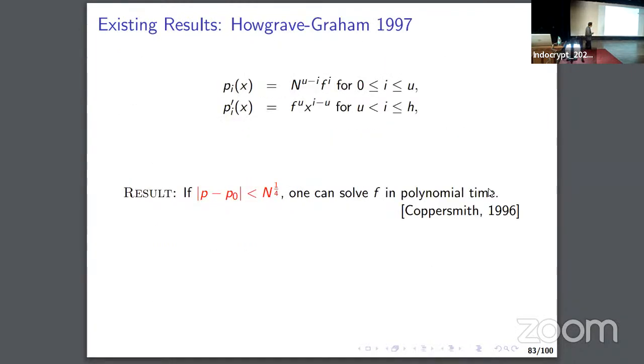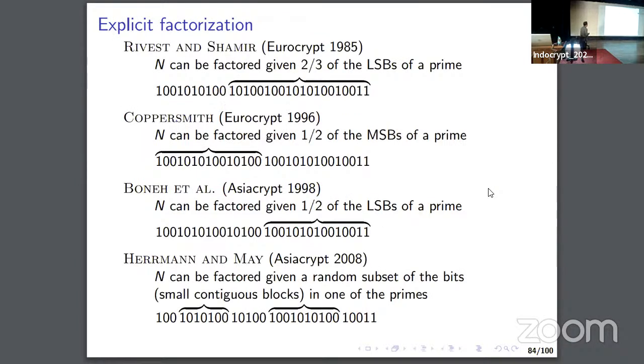So these are some results. Rivest and Shamir in Eurocrypt 1983 proved that if you know these 2/3 LSBs, this portion, then you can factor N. Coppersmith proved that instead of 2/3, if you know only half, 50% of this portion, it was 66%, now 50%, then you can find the remaining portion in polynomial time using lattice reduction, using almost the same idea.